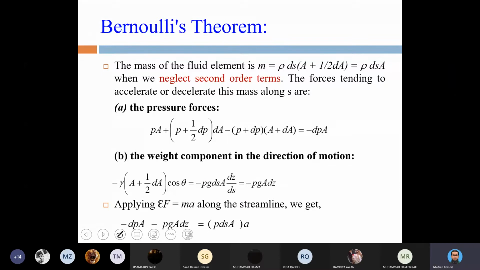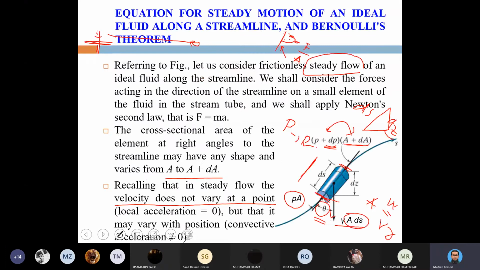As I said, we will apply force is equal to ma. This is Newton's second law. So first of all, we need to find the forces which are acting on this fluid element. In the previous lecture, I talked about fluid dynamics, in which we discussed various forms of equations.